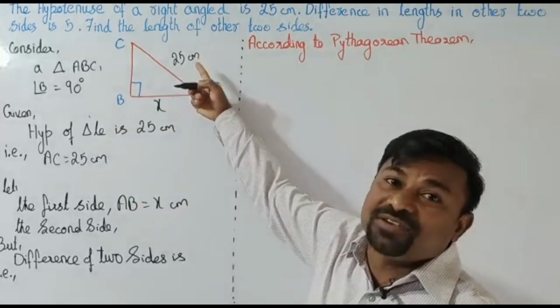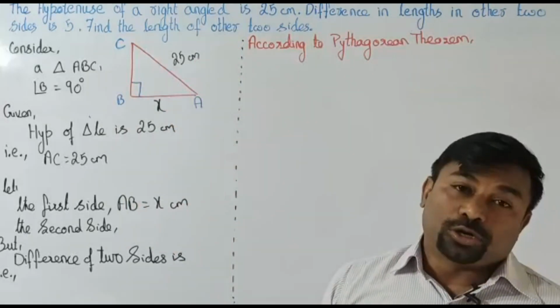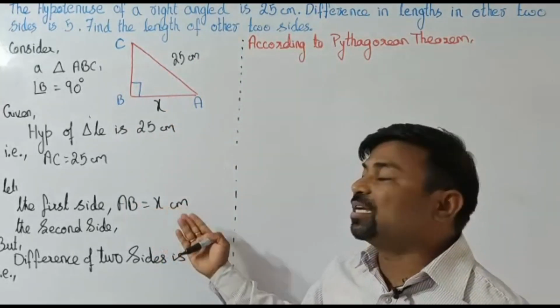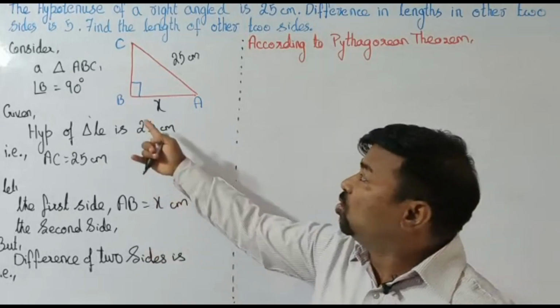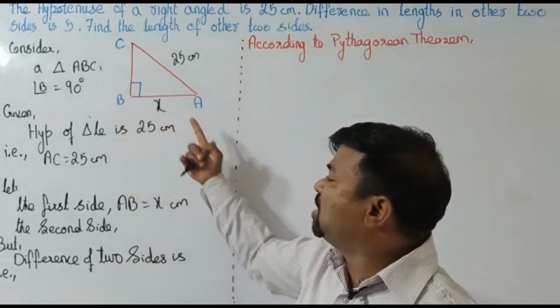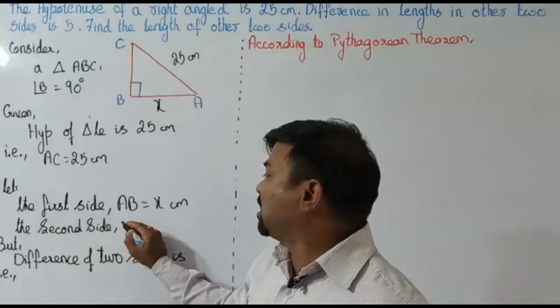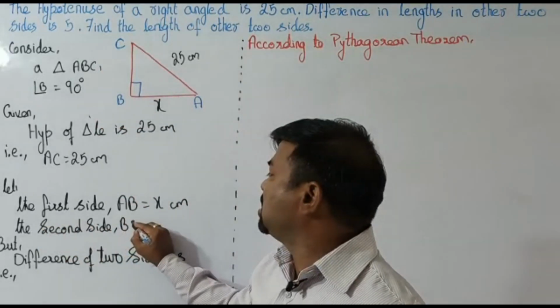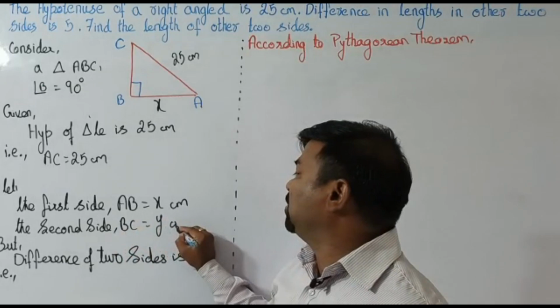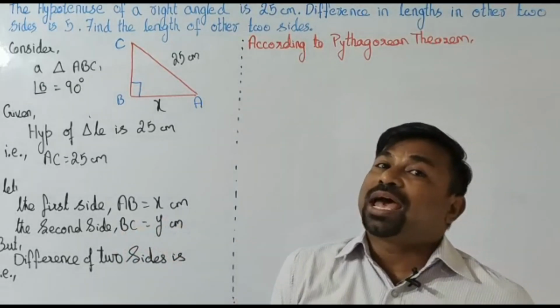As the question is given in terms of centimeters, we know the units, therefore I am taking this as centimeters. The other side, let the second side BC be equal to y centimeters. These are the two measurements I have taken.